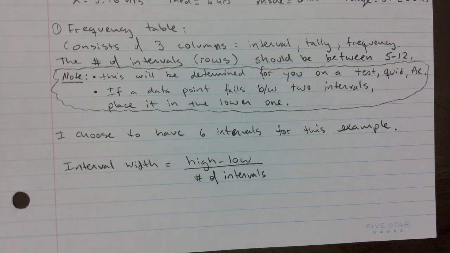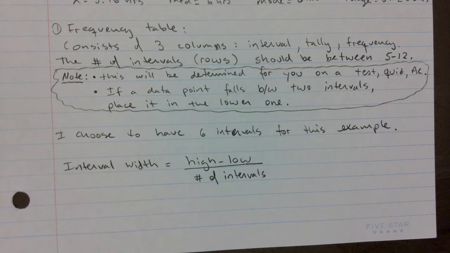Notice what happens if I want to use fewer intervals. What happens to the width of the bars? You should notice that as I decrease the number of columns, those bars get a little wider every time. If I put all the marks this class got into 6 intervals, this is what the graph would look like.